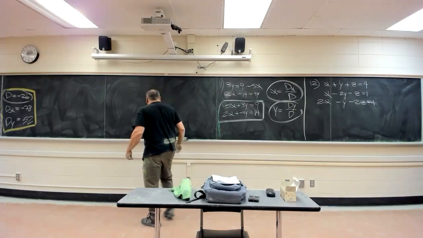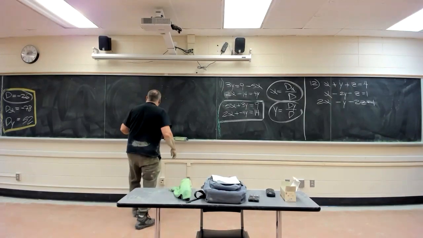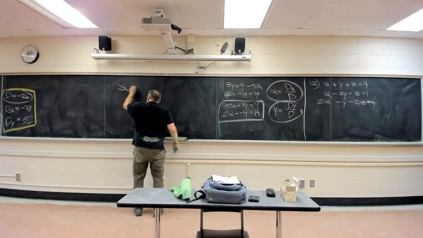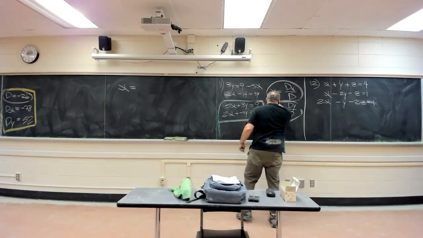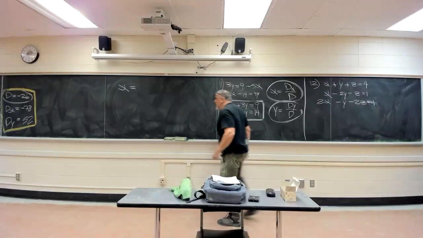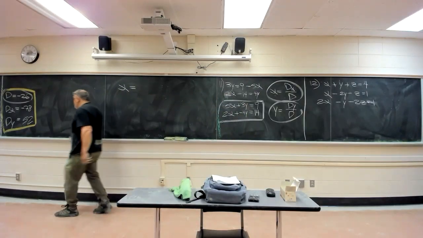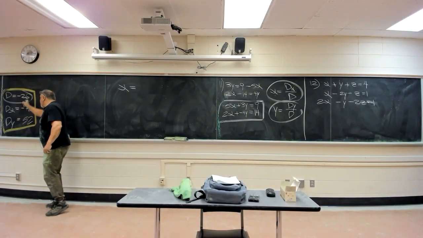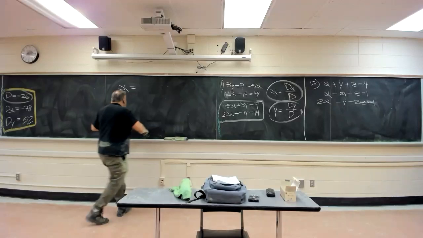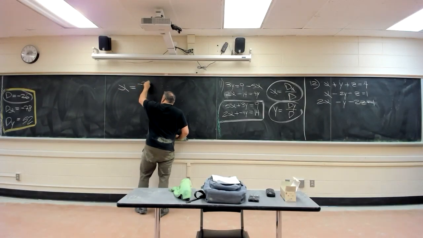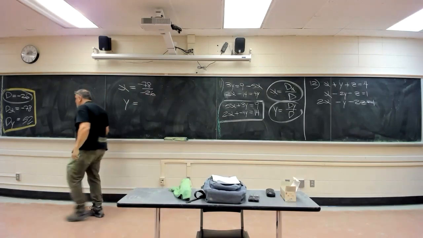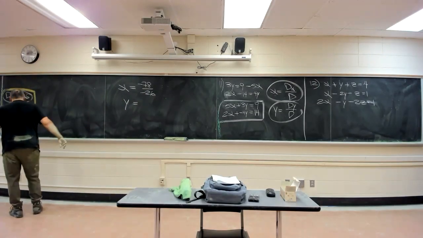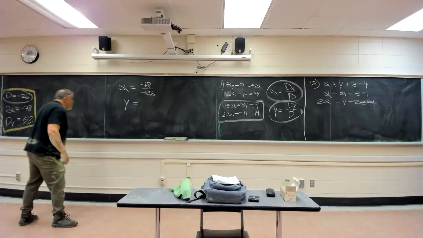Well, it's basically this. X is d sub x divided by d. Y is d sub y divided by d.